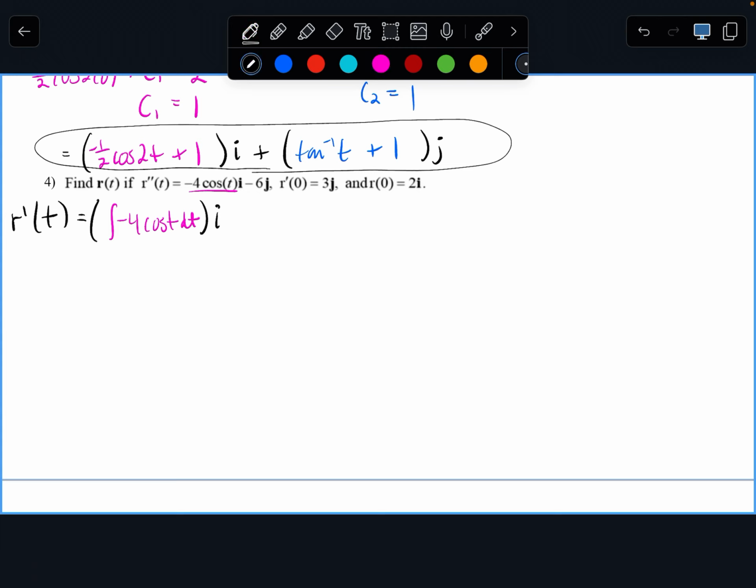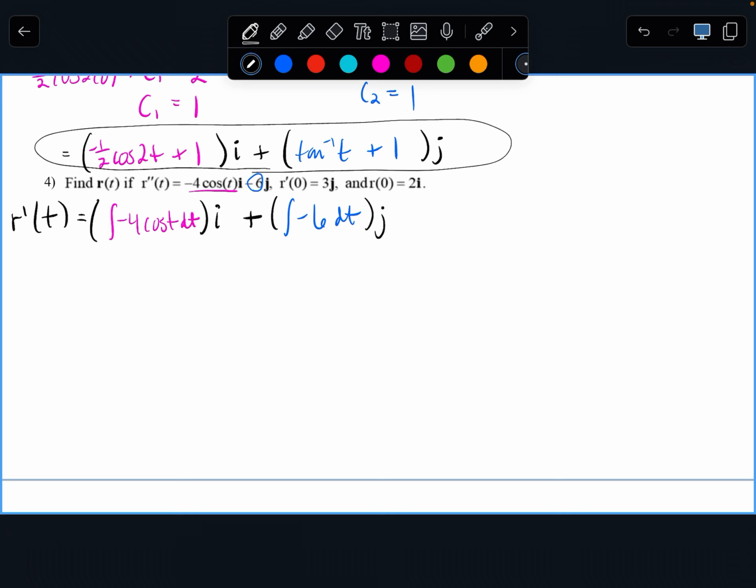And then I kind of like to write plus a negative, so I write plus, and then -6. Oops, I have to put the integral, times j.